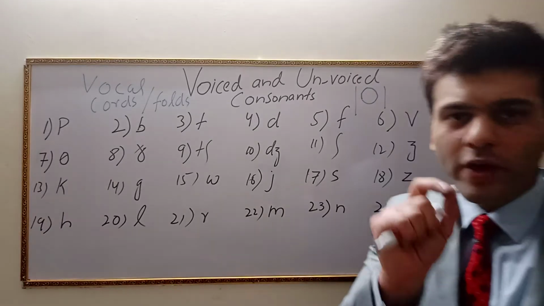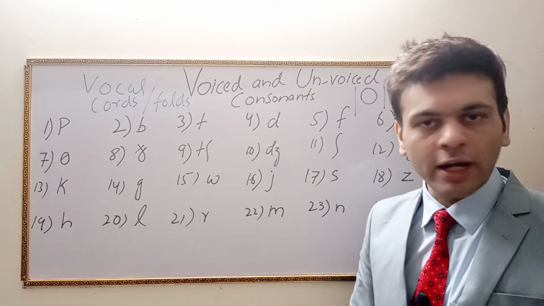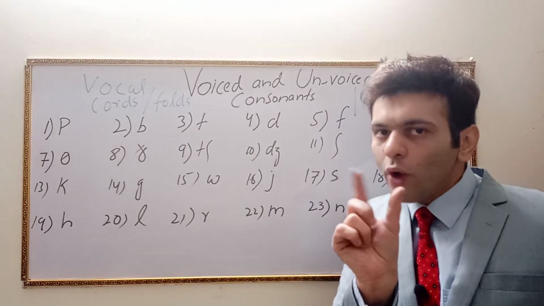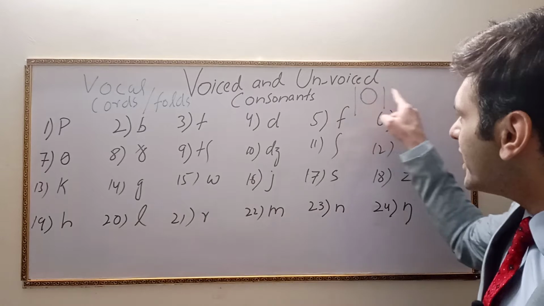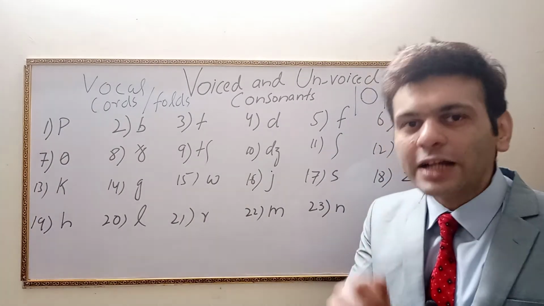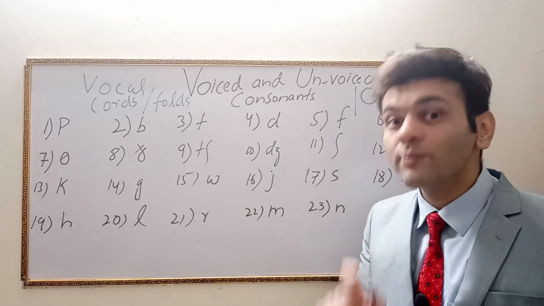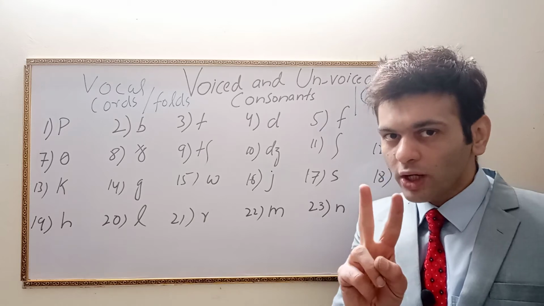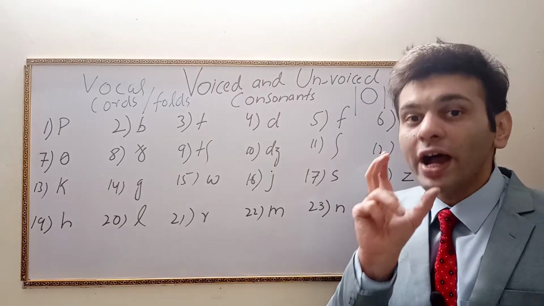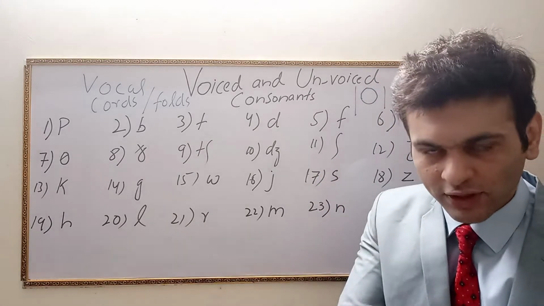Now, what do we mean by voiced and unvoiced? When these two vocal cords vibrate during the articulation of a particular phoneme, that sound would be a voiced sound.